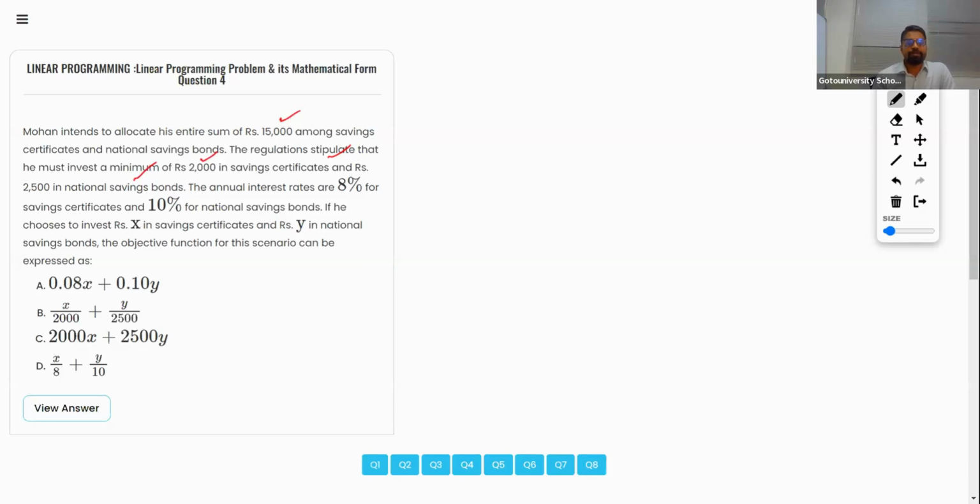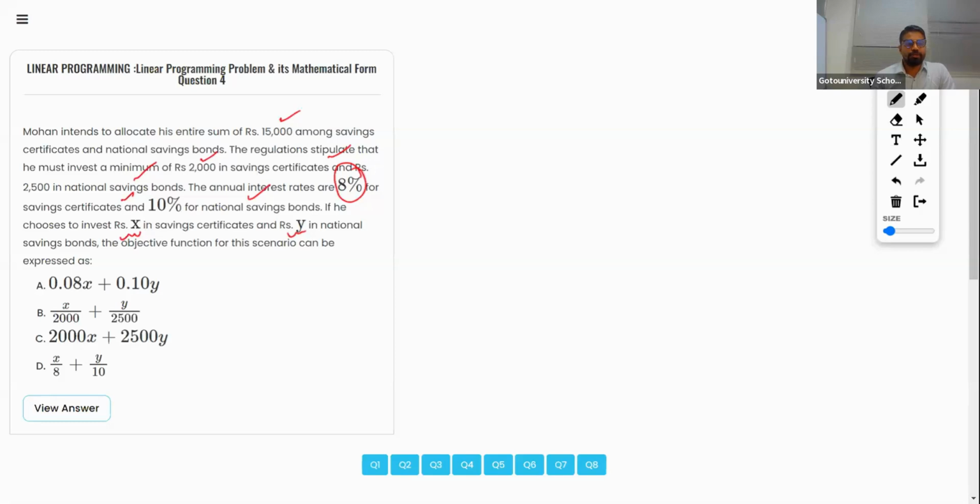The annual rate of interest is 8% for saving certificates and 10% for national saving bonds. If he chooses to invest rupees X in the saving certificate and rupees Y in the national saving bonds, the objective function of this scenario can be.